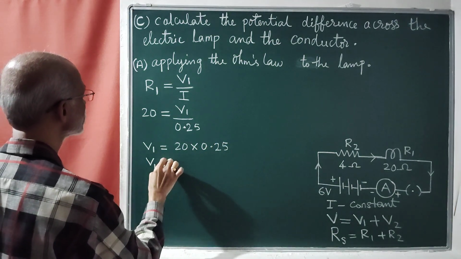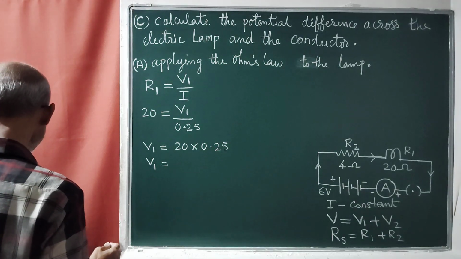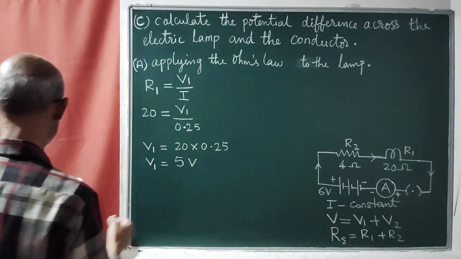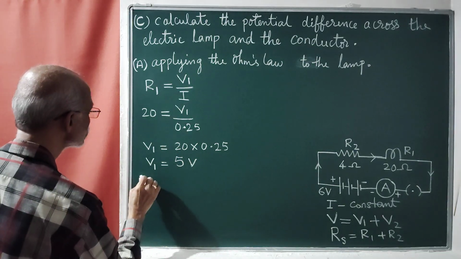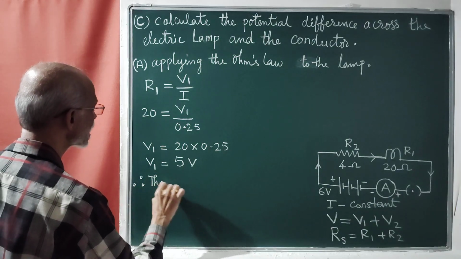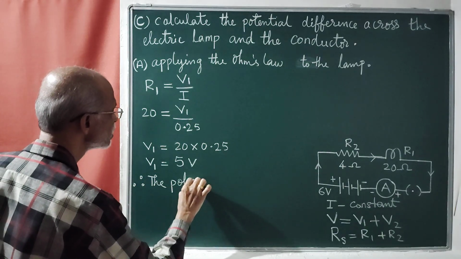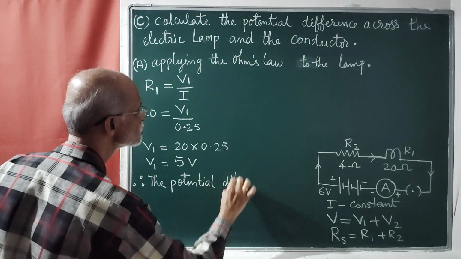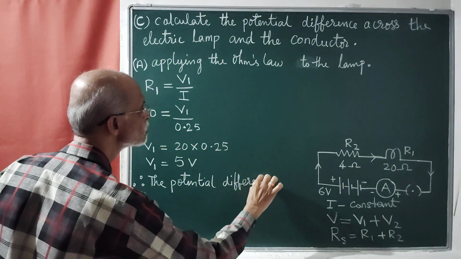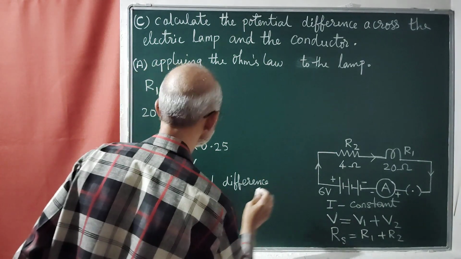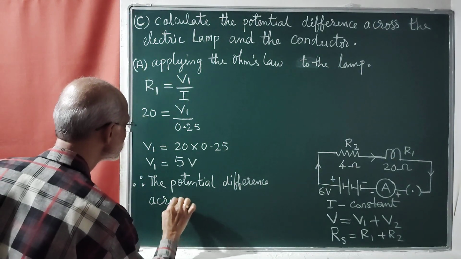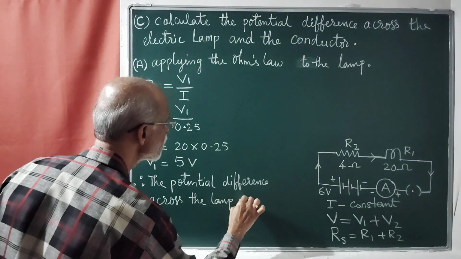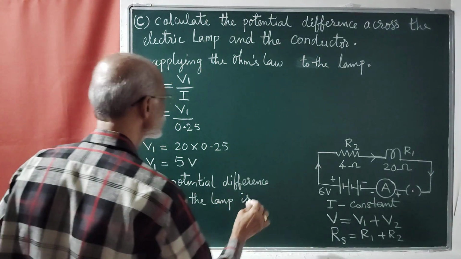So V1 is equal to 5 volts. Therefore, the potential difference across the lamp is 5 volts.